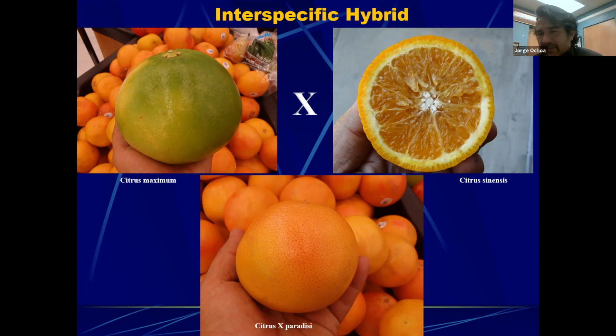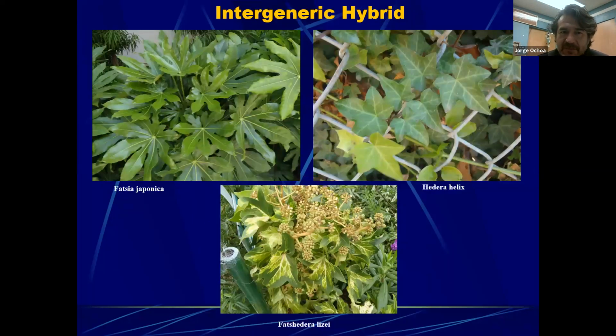And this pink grapefruit, popular here in America, was developed or selected in Florida, and that's why it tends to be the favorite here. But the pomelo has been grown in Asia for a very long time. So here is an interspecific hybrid, same genus, different species, that gives the grapefruit.